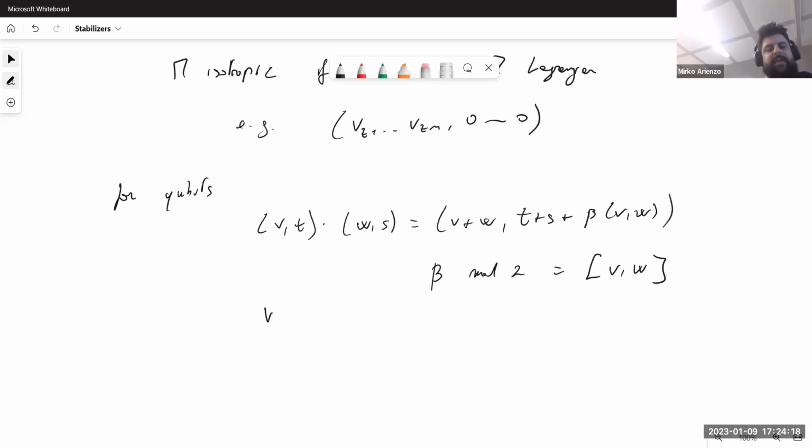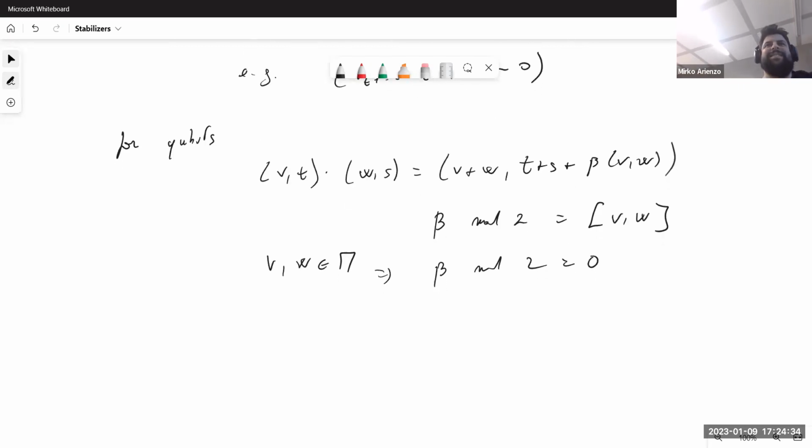Now, if you take V and W in M, that means that beta mod 2 is equal to 0 because M is isotropic. That means that basically there exists a beta bar such that 2 beta bar is equal to beta, where this beta bar is F2 valued.